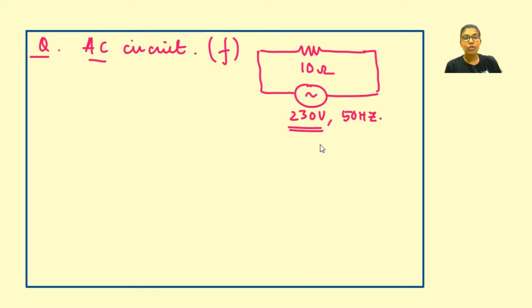So if the voltage value is given, you must have the knowledge of the frequency, because if this is not known, then you can never compute omega. And if omega is not known, then it's very difficult to compute the reactances. So this is a resistor having a resistance of 10 ohms, connected across a supply of 230 volts, 50 hertz.